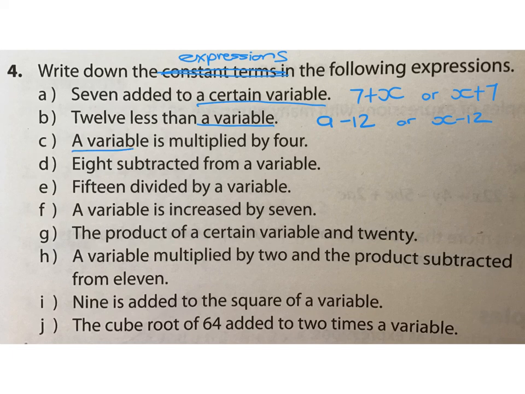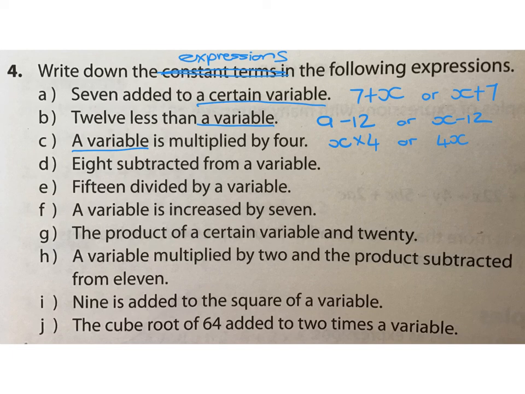A variable, and again, you can call it a, you can call it x, whatever, is multiplied by 4. So you could have said x times 4, but if you were fancy, like your teacher, you would say 4x. But please note, x4 is not technically wrong, but in algebra we always put the numbers first and then the letter, so you should stop writing it like that.